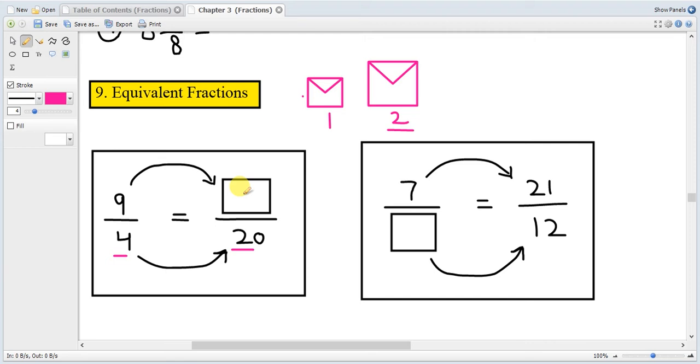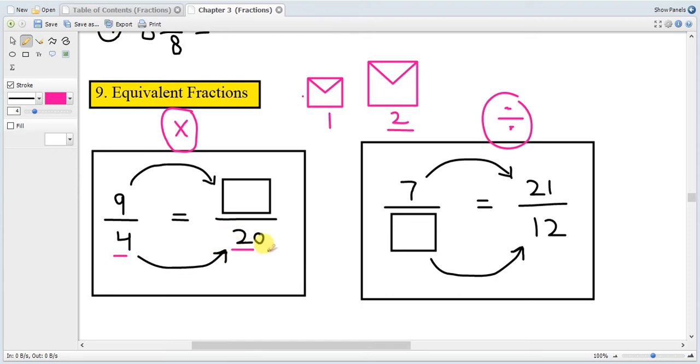There are two different methods of solving this question. One method is using multiplication, and the second method is using division. We'll solve both methods, then it is up to you to adopt whichever method is more convenient for you.